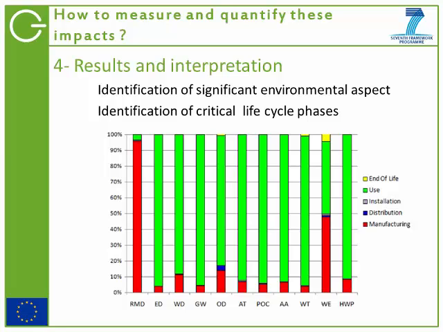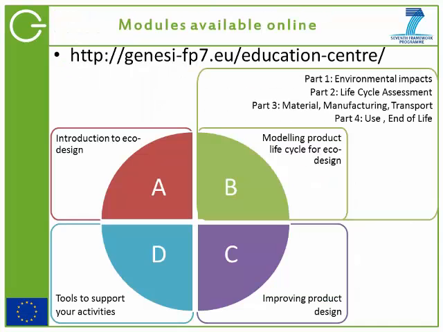This can help direct the redesign effort for eco-design by improving product efficiency in use. We have provided an overview of the key steps required to perform a life cycle assessment. The next video will provide you with detail on the material extraction, production and transfer phases of the product life cycle.